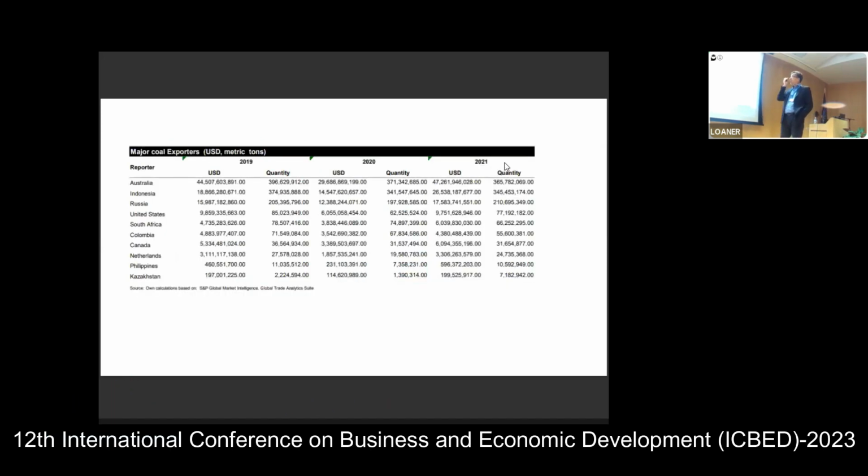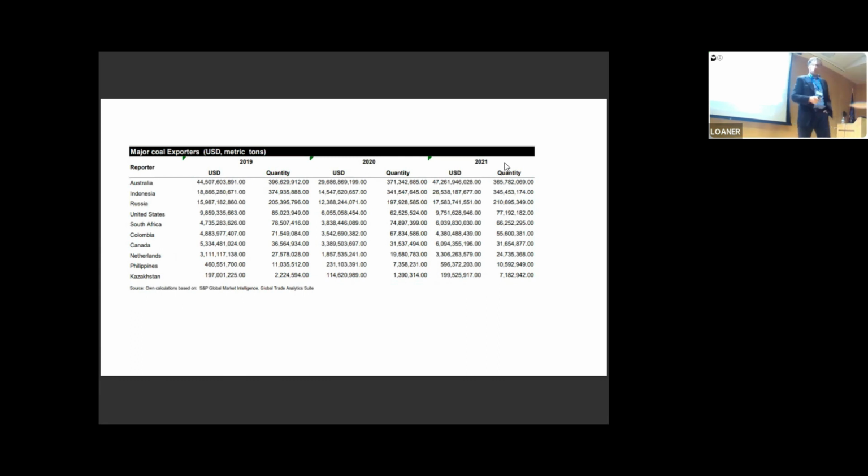When we take a deeper look, why was it such a strong problem for European countries? Why did the war impact those countries? Firstly, Russia was one of the major coal exporters, and most Middle European countries use coal in their markets and economy.